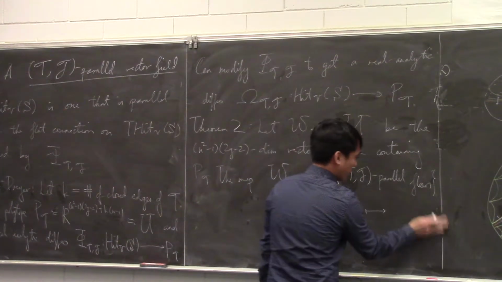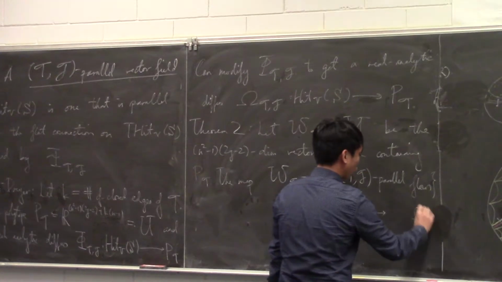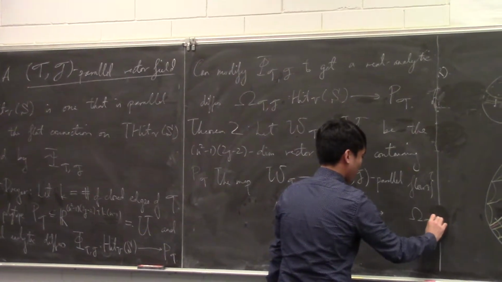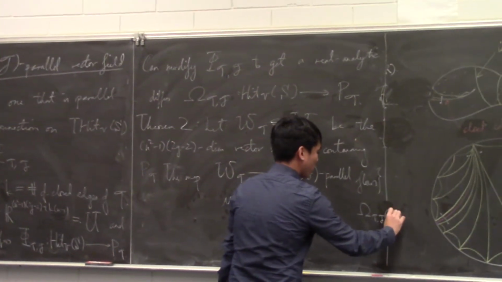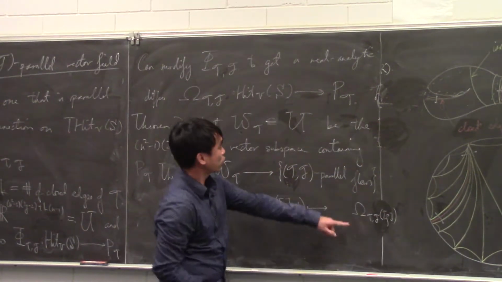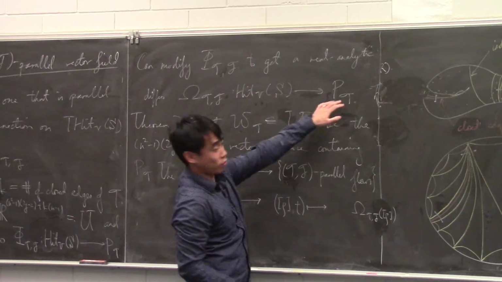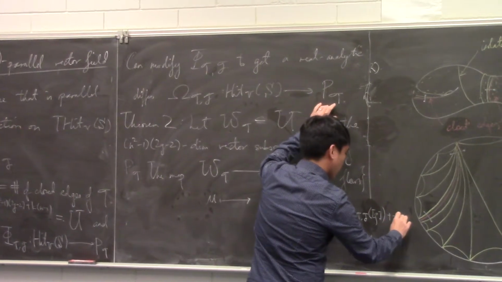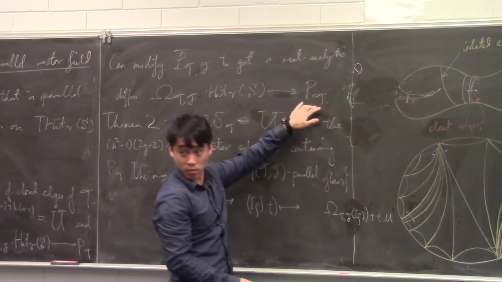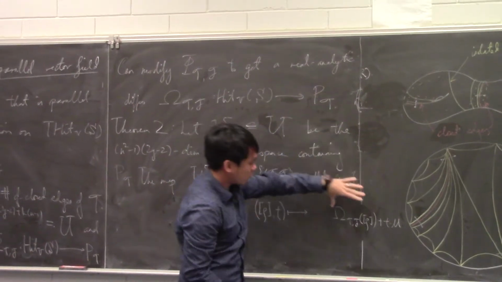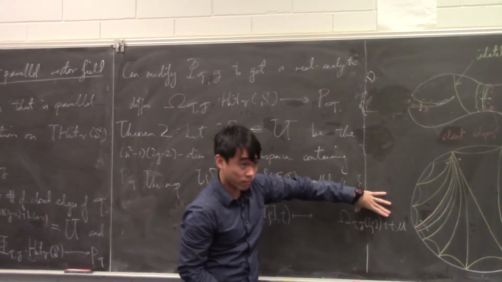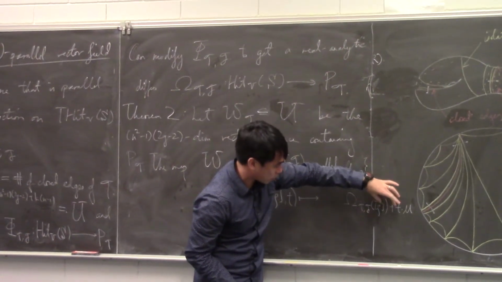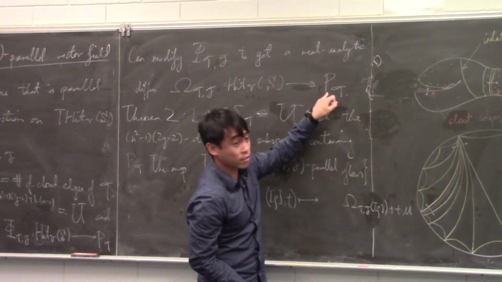Well, first I use omega Tj to send rho into my convex polytope. So omega Tj takes rho into here. Then I'm going to add t times mu. Notice that for sufficiently small t, this lies in the convex polytope.